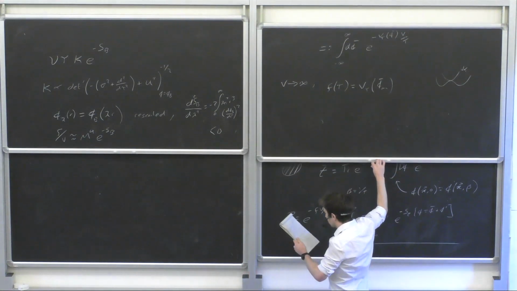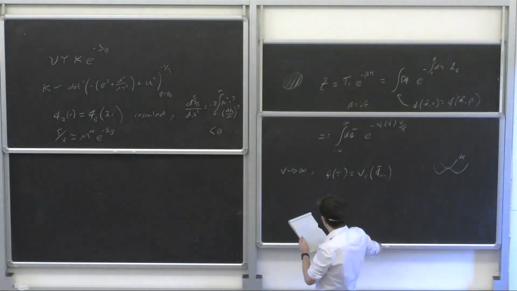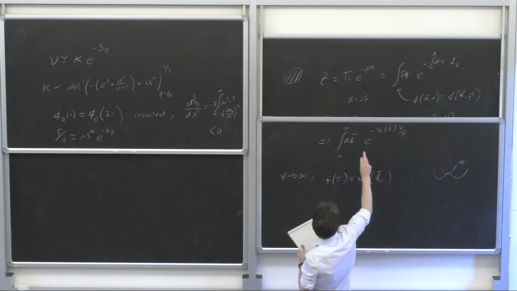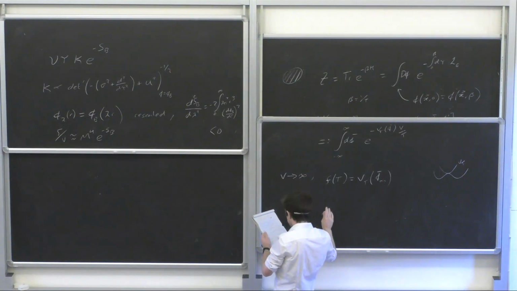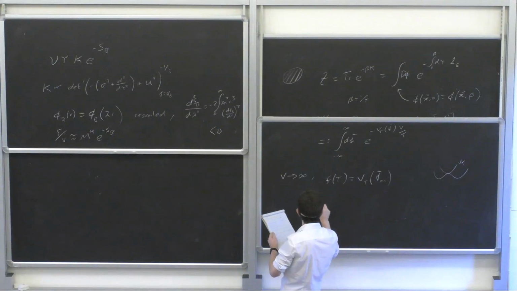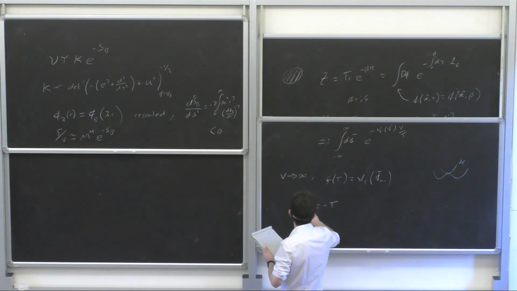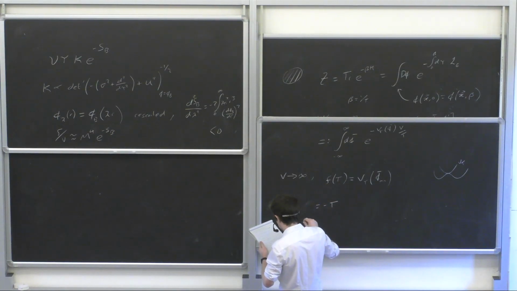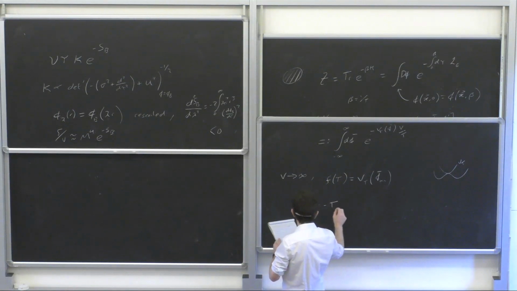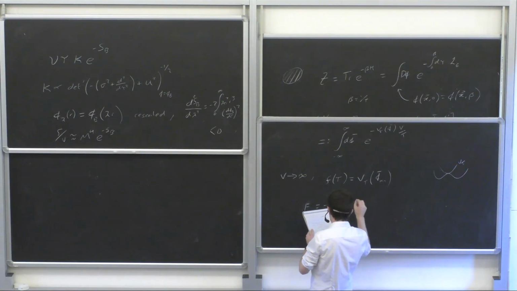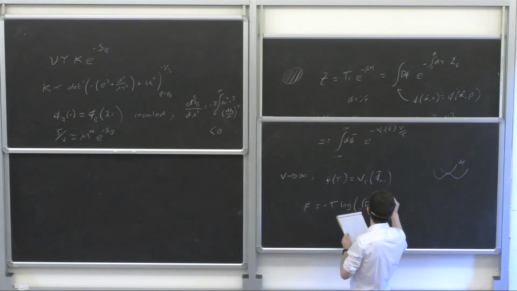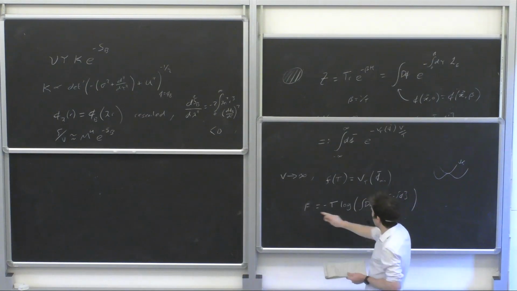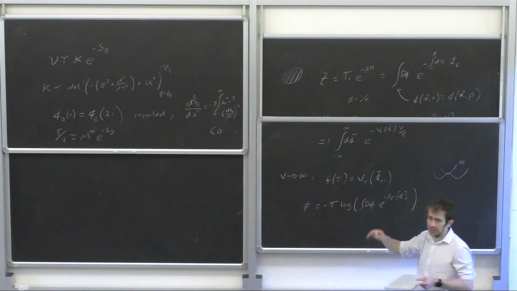And maybe let me just write one more expression here. From our starting path integral, we also have that the free energy density, let me say, is equal to minus T. Let me just write it as... Here, the only difference between capital F and lowercase f is some factors of volume.